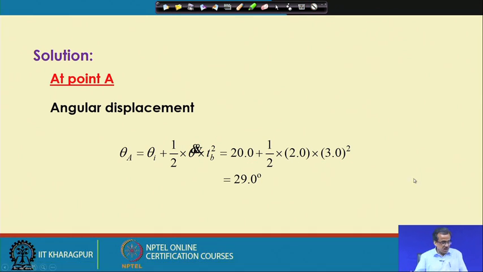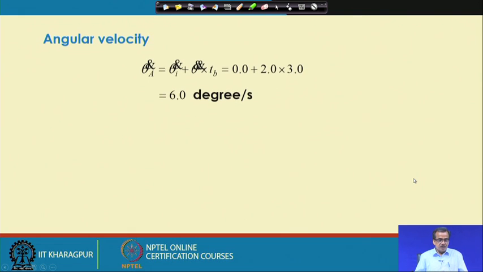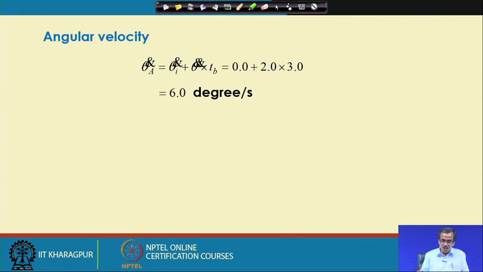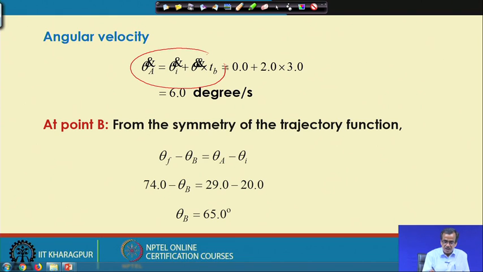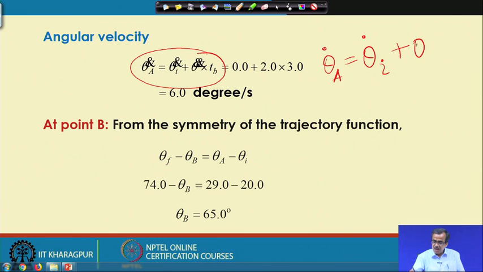Now, let us see how to find the angular velocity. Once again, I am sorry, we have got a typographical error here, so let me just write it down. I have to find the angular velocity at A, theta A dot, which is the initial angular velocity theta I dot plus theta double dot, the angular acceleration, multiplied by T b.